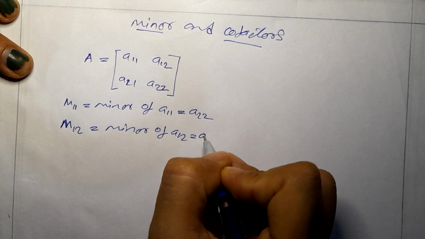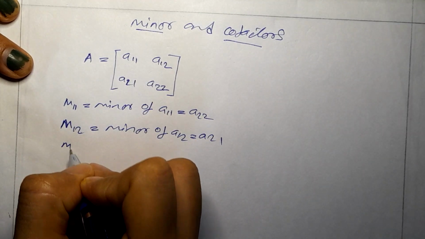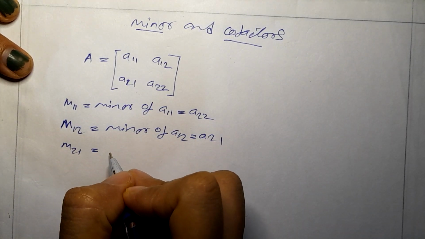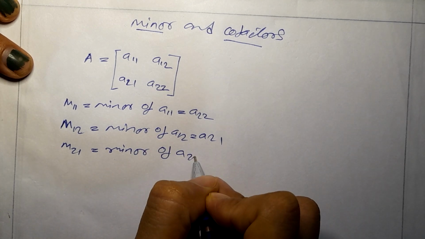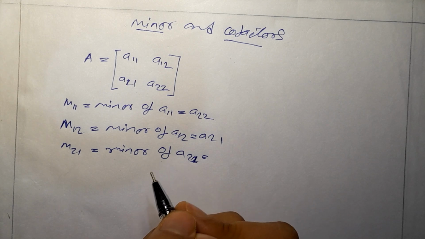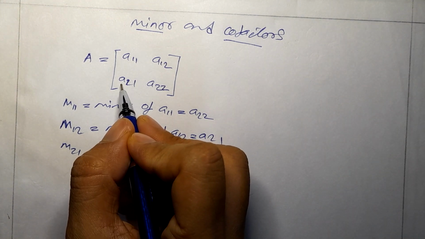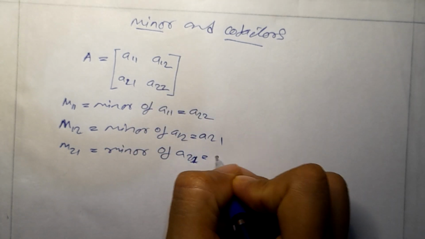Now for this position, M21, that is a minor of A21. Eliminate the second row and first column. The remaining is A12.